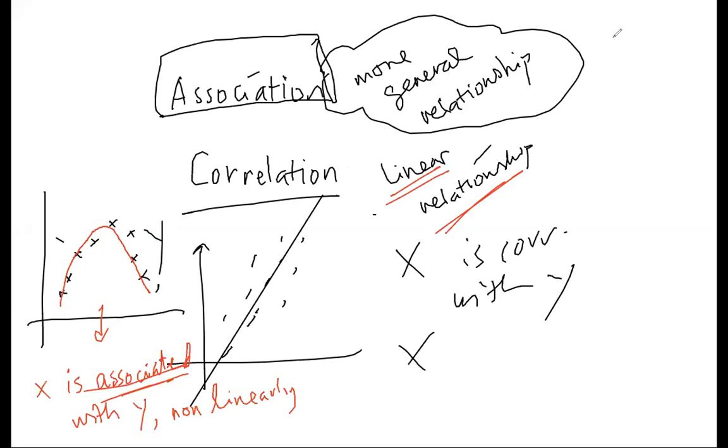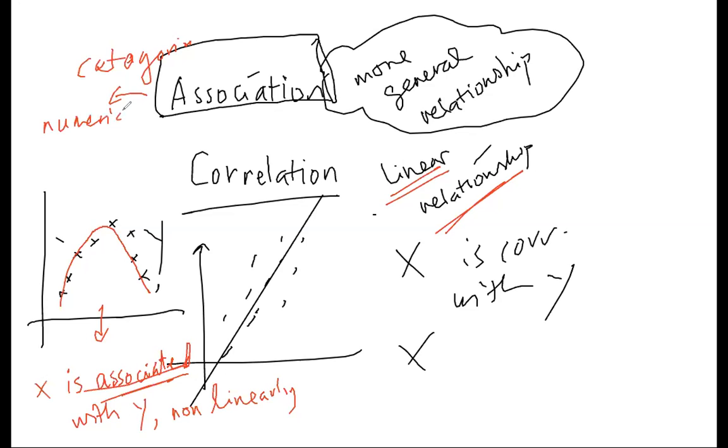Then is there any way to measure the association other than using the chi-square test, since I think chi-square test is more for categorical variables? Well, it depends on your data type, right? Association can be for categorical, and it can also be for numerical.